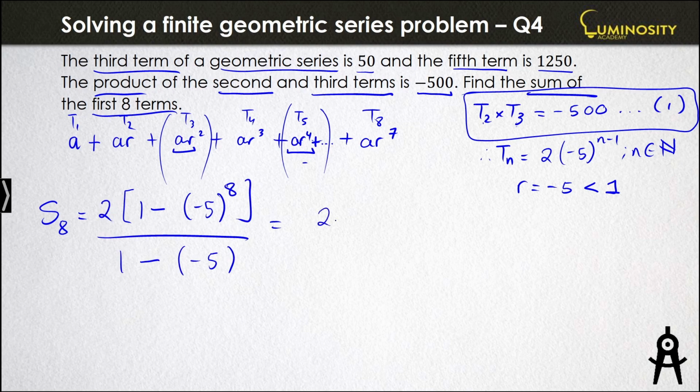So what do we have? 2 into 1 minus negative 5 to the 8. Notice how I didn't distribute that negative into that bracket, because that bracket negative 5 is first being raised to the 8, then it's being subtracted. Where does that come from? Our good old friend, BODMAS. Brackets take the first operation, then the exponent, then the subtraction in the front is happening to it. 1 minus negative 5 is 1 plus 5, which is 6.